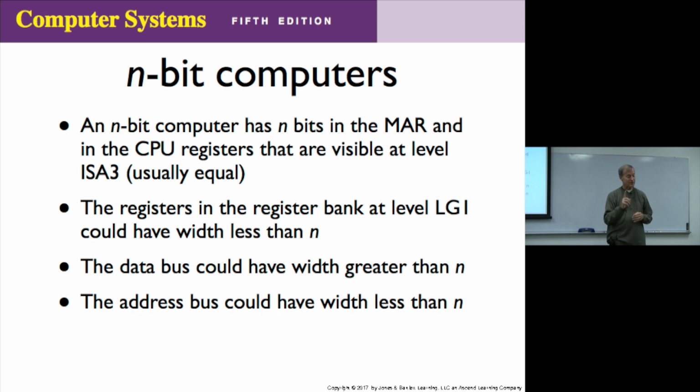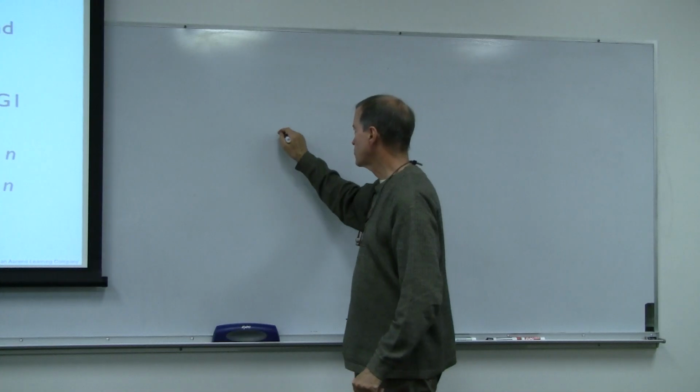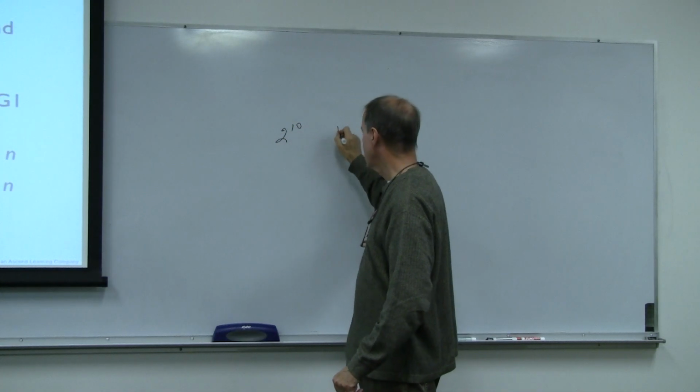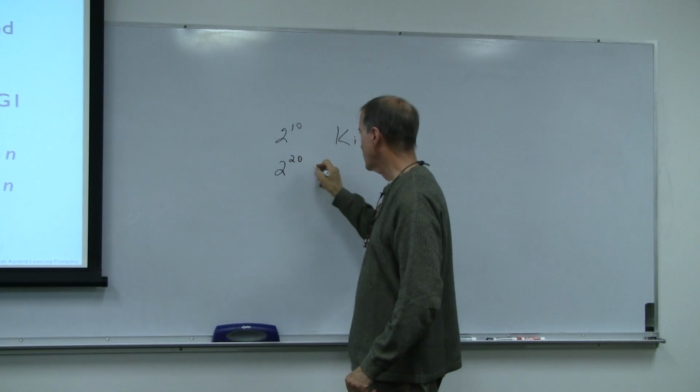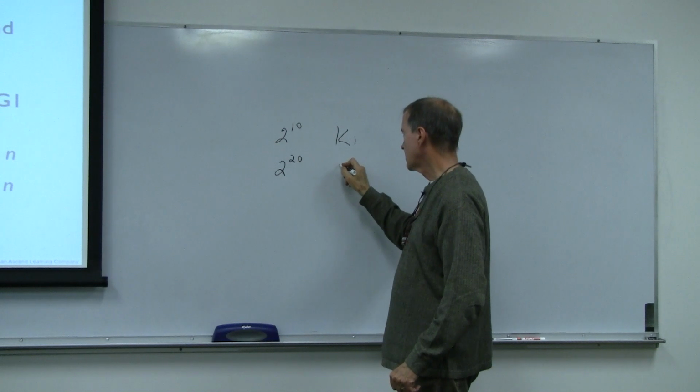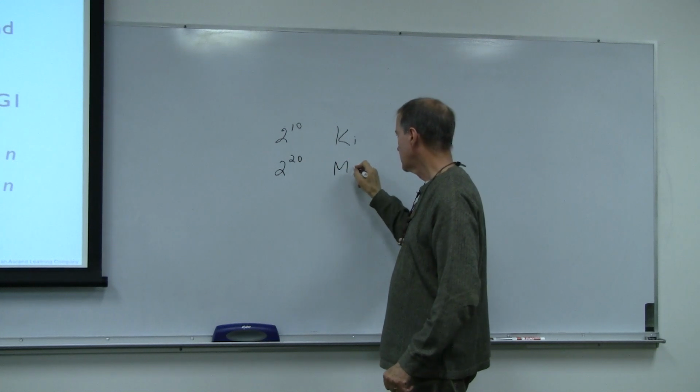Now do you remember how to do this? Do you remember the kilo, mega, giga? So 2 to the 10, that's the kilo. 2 to the 20th is the mega.